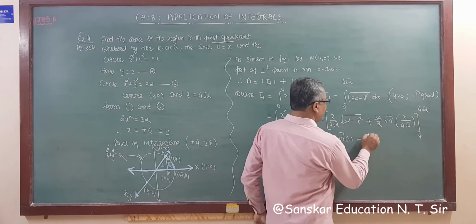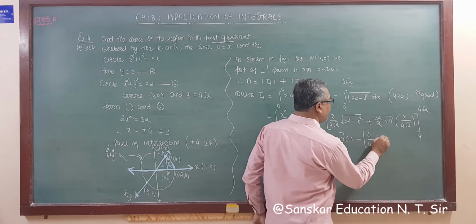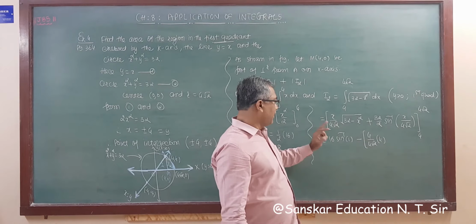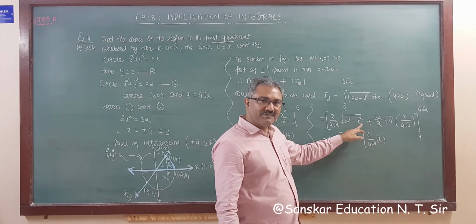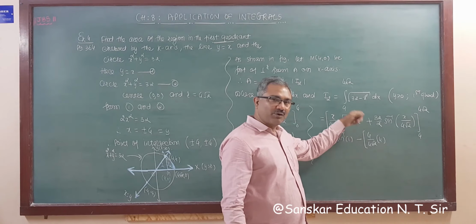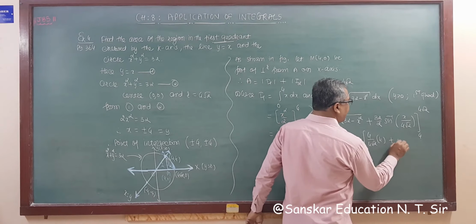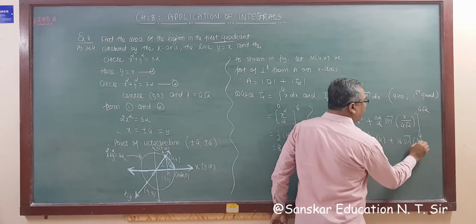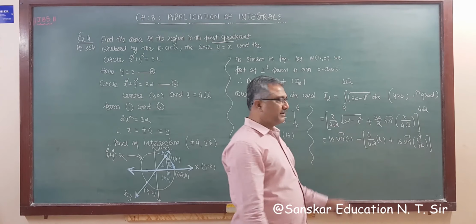And 4 is here, so 4 upon 4 root 2 into 4, square root of 16 is 4, right? And plus 16 sine inverse 4 upon 4 root 2, right?